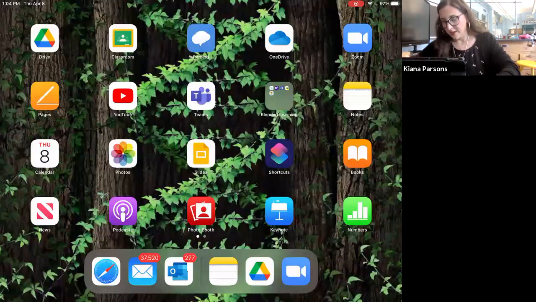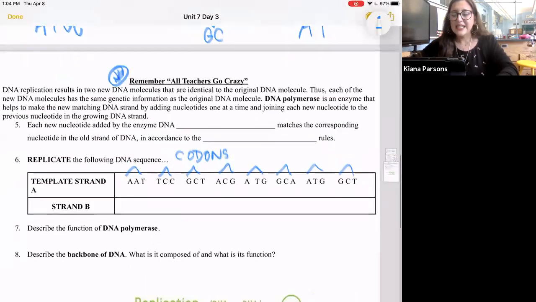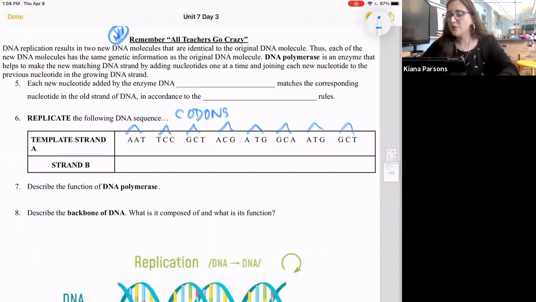All right, so all teachers go crazy. DNA replication results in two new DNA molecules that are identical to the original DNA molecule. Thus, each of the new DNA molecules has the same genetic information as the original DNA molecule. DNA polymerase is an enzyme that helps to make new matching DNA strands by adding nucleotides one at a time and joining each new nucleotide to the previous nucleotide in the growing DNA strand.